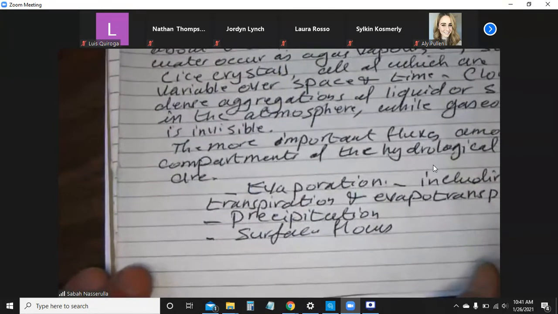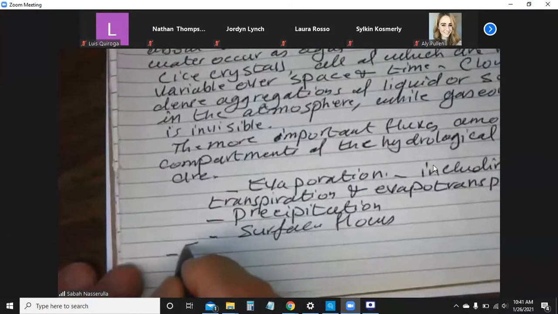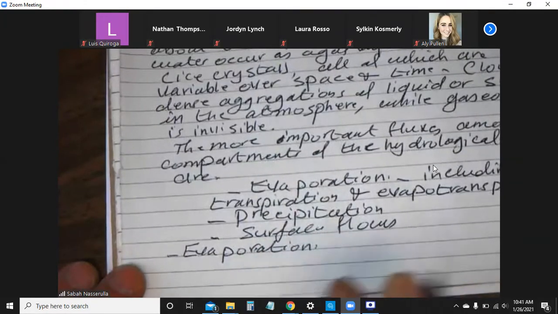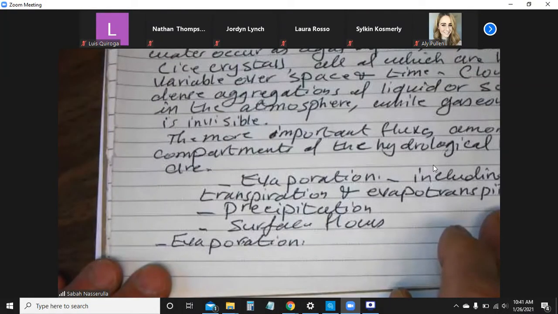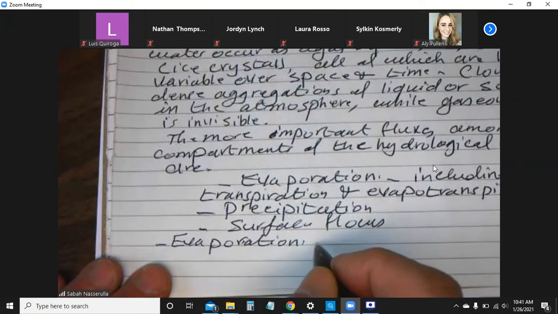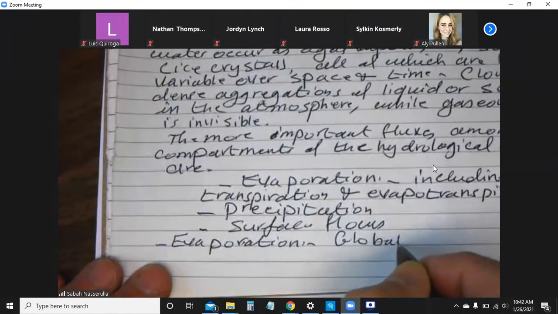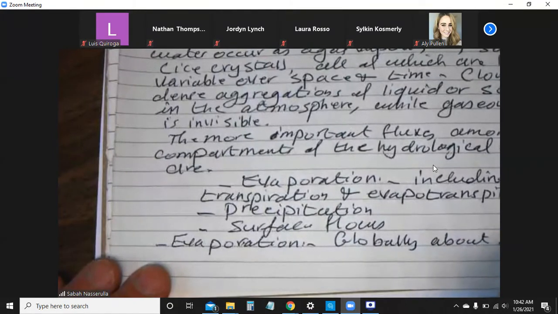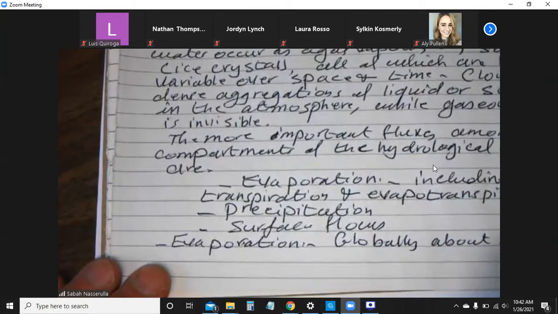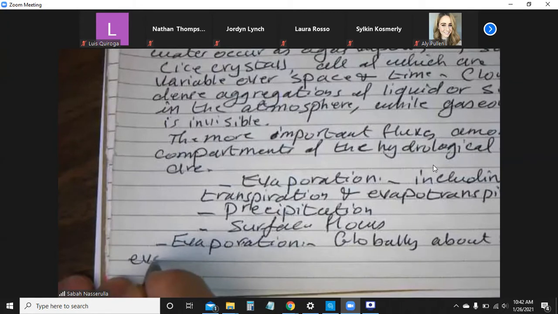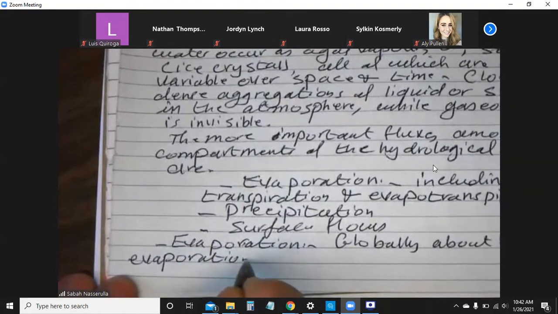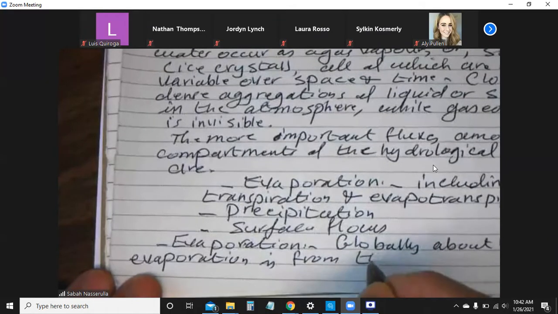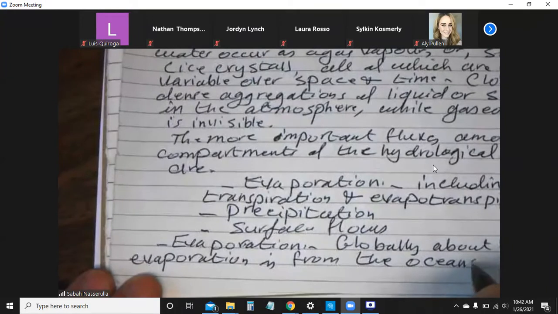To start with evaporation, globally about 86% of evaporation is from the oceans.